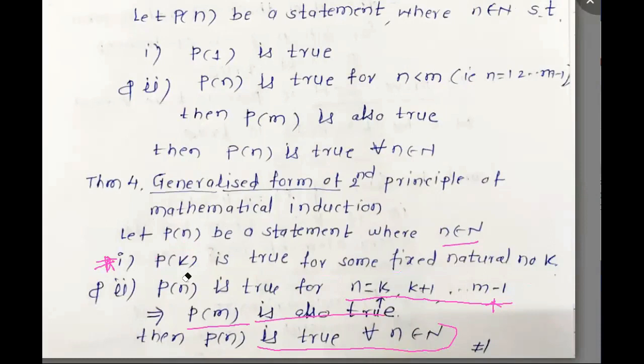So these are the four different formats of the principle of mathematical induction: the first principle, the second principle, the generalized form of the first principle, and the generalized form of the second principle.